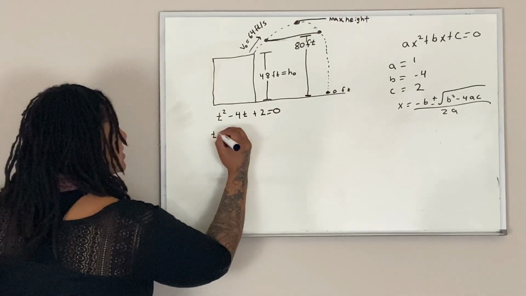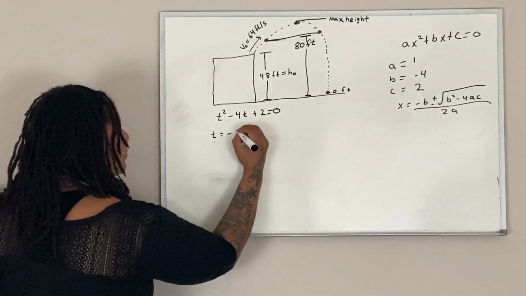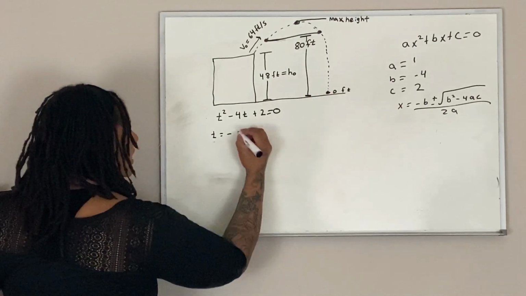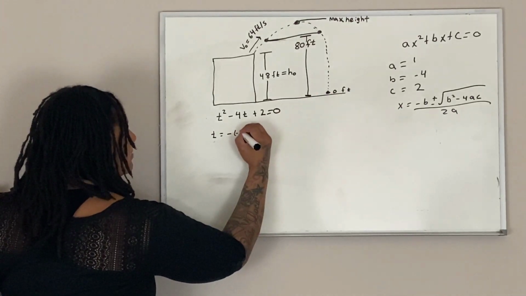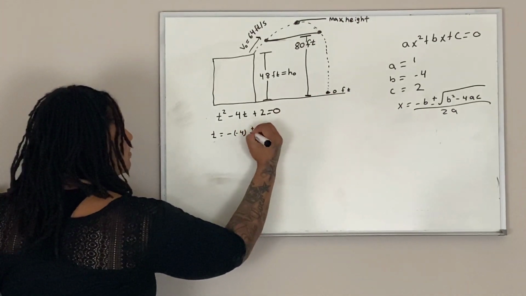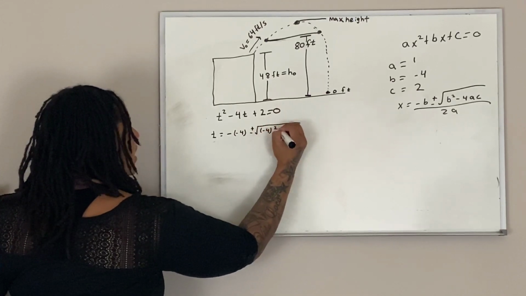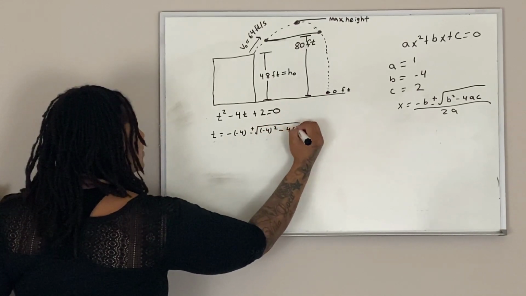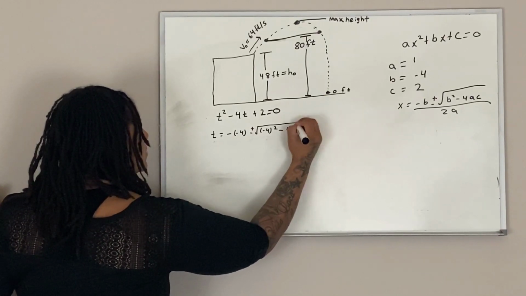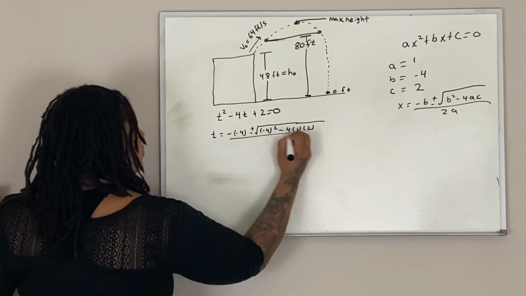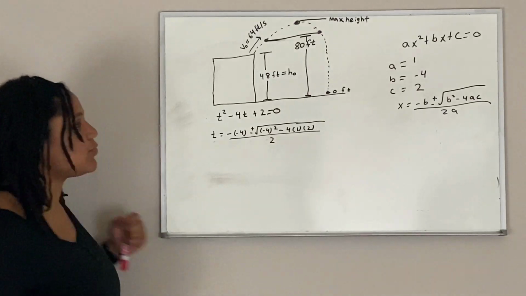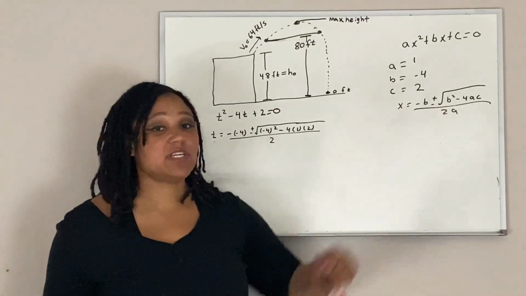So t is equal to negative b, which is negative 4, so it's going to be a positive 4, plus or minus the square root of negative 4 squared minus 4 times 1 times 2 all over 2, right? Because we're just plugging in using the quadratic formula.